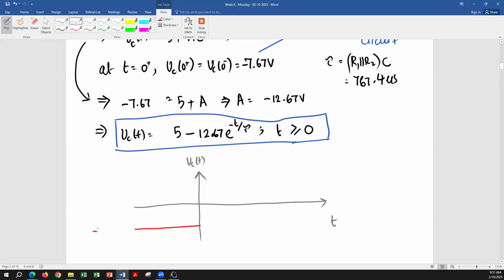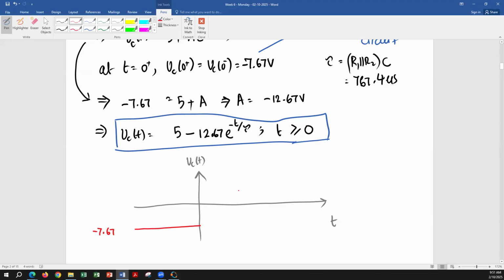You have negative 7.67 before t is equal to 0. And then at t is equal to basically 0 positive, it is still negative 7.67. And the final value is going to be positive 5.